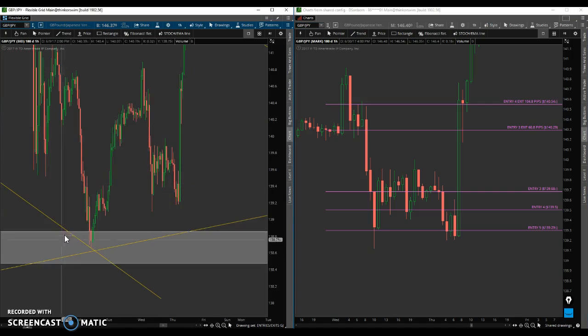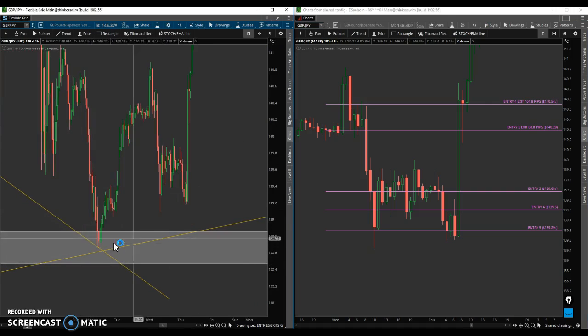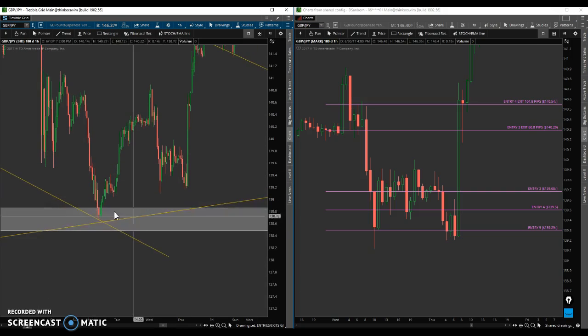So you can see these are our daily levels from the first part of the video. You can go back and check those out, where I got those from and why. This is our daily trend line, and this line here is our channel bottom that had a nice intersecting point at a demand zone from higher time frame charts.